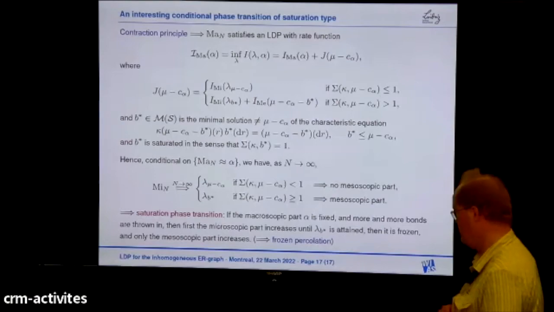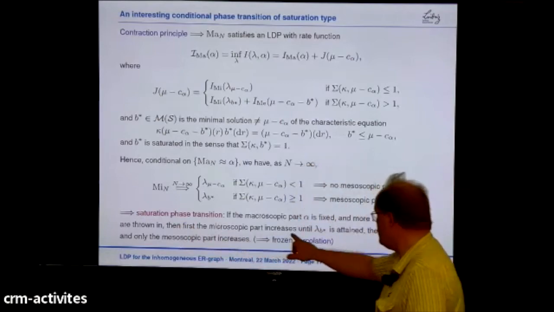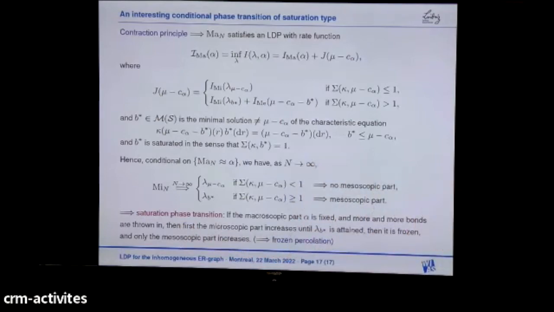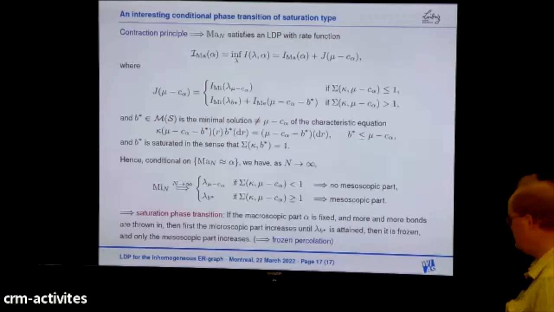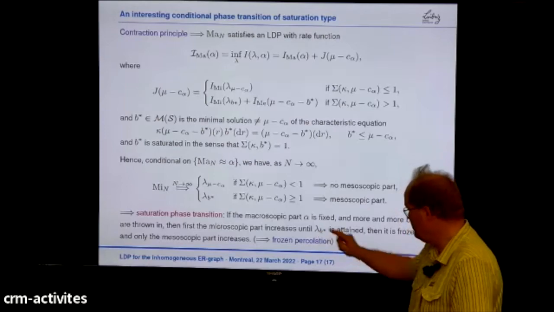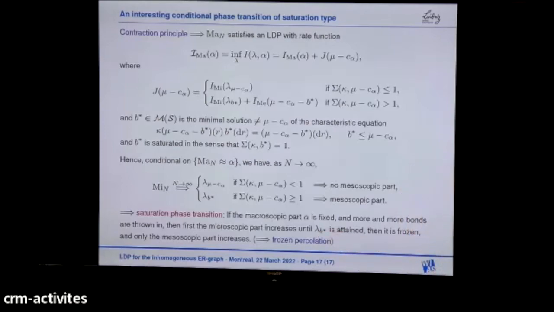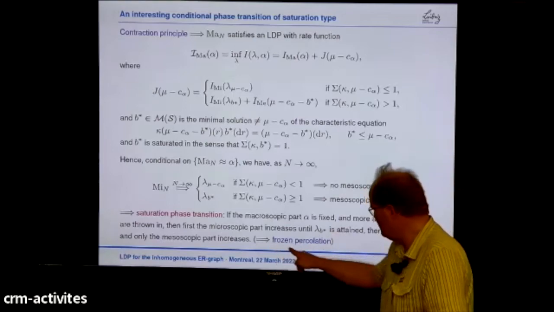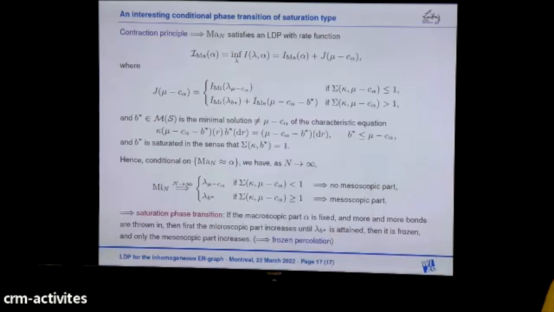Then first, we have only increasing microscopic stuff and empty mesoscopic stuff, until the critical configuration lambda B star is attained, and if you throw in more bonds, then everything goes into mesoscopic stuff. And this is what I call a phase transition of saturation type, and it has also great similarities to what some people call frozen percolation. That's the end of my talk.